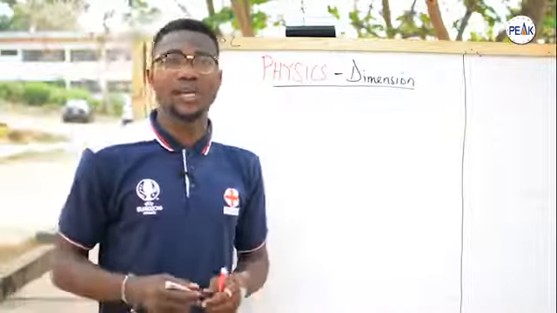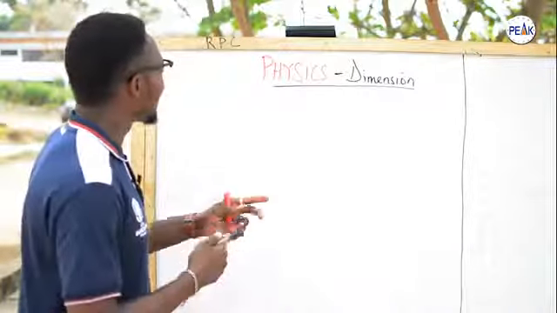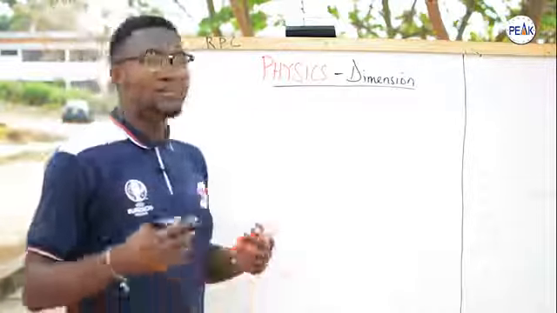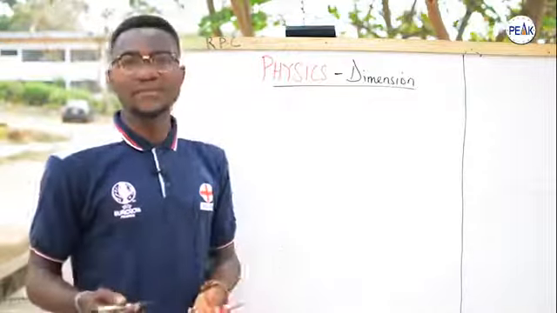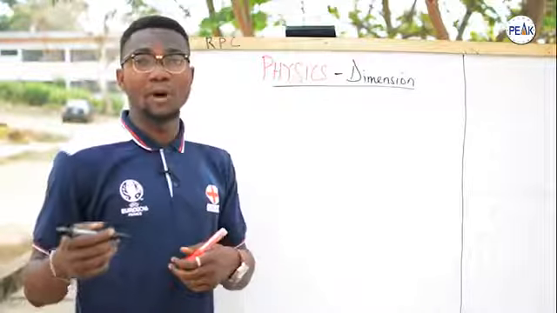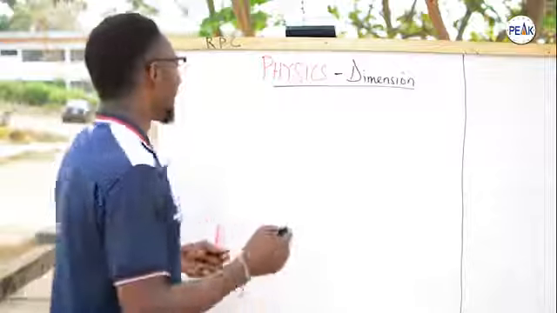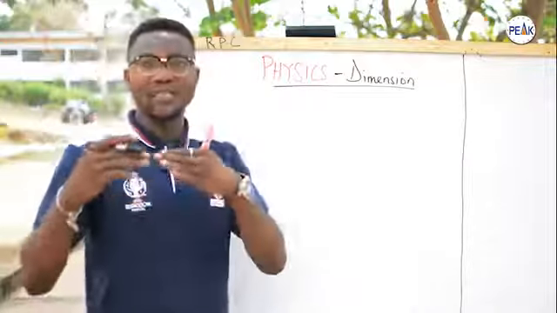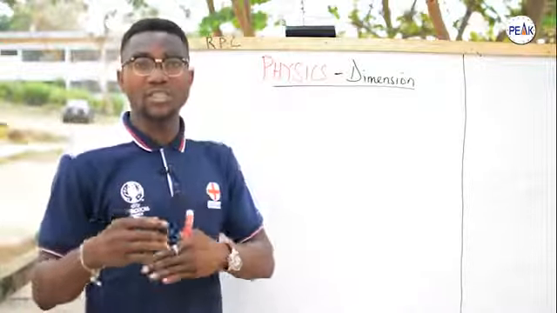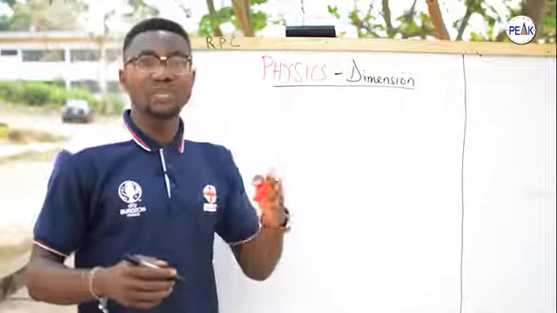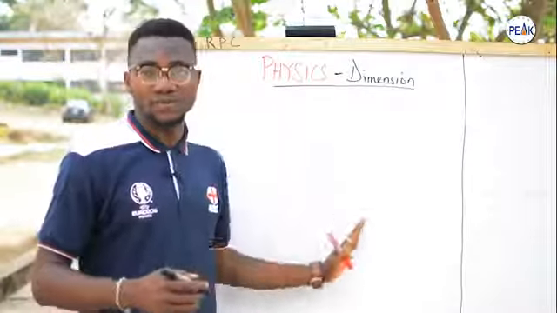Dimension analysis is basically representing the base units in physics with some letters. That is, you break down the unit of a particular physical quantity until you arrive at your base units, represented with the following letters that I'm going to give you on the board.